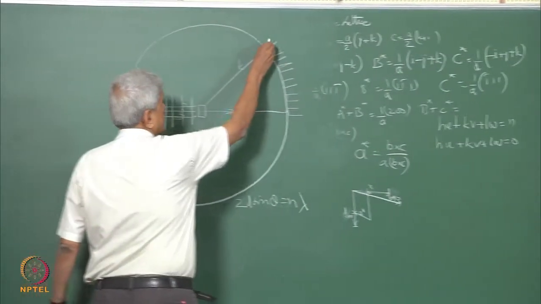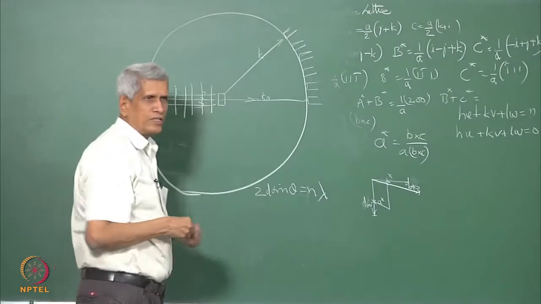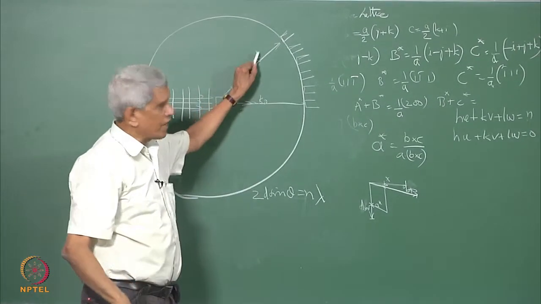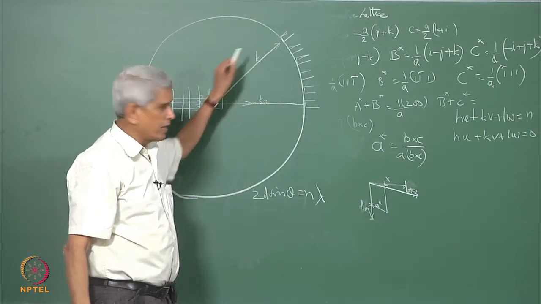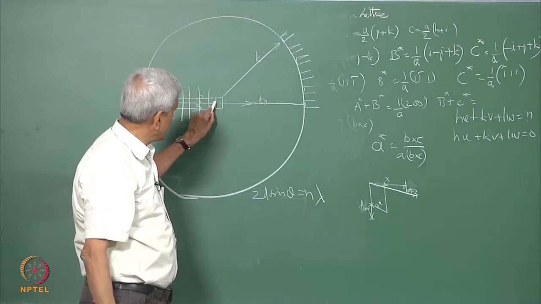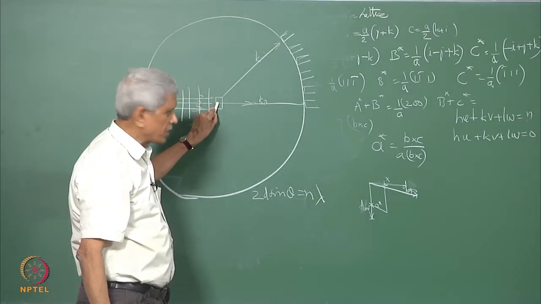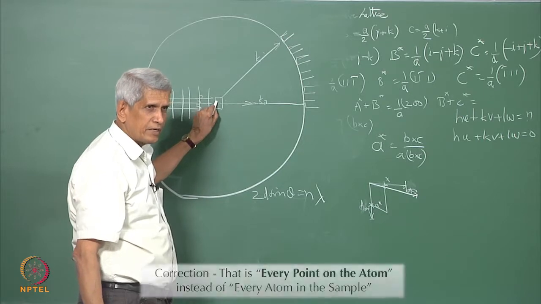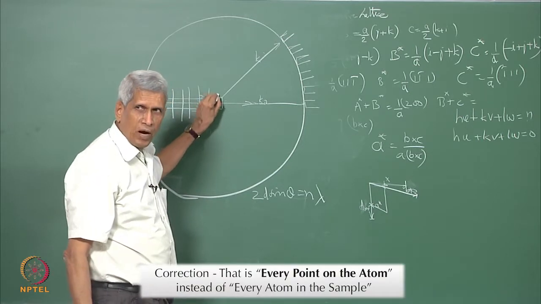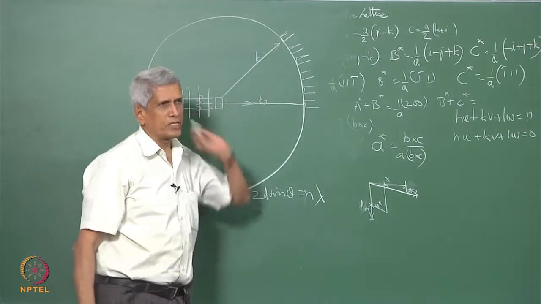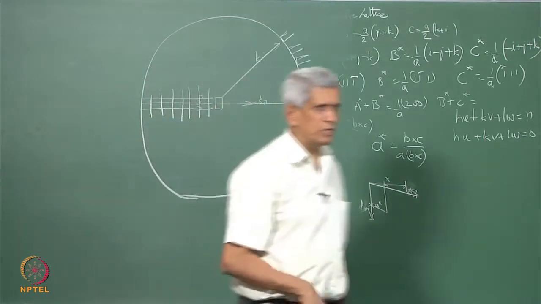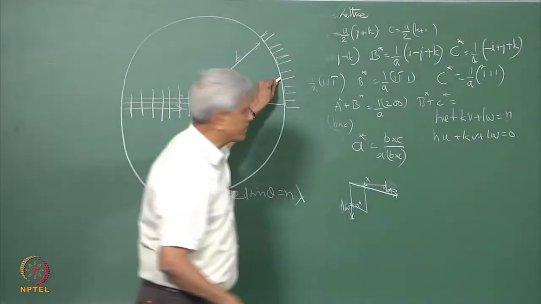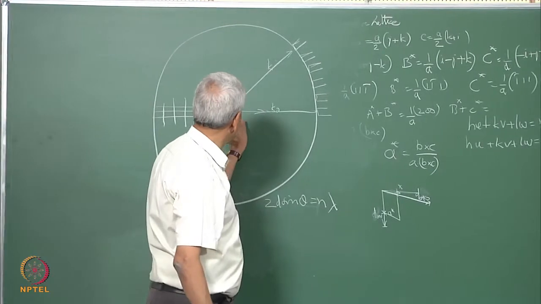Like if I put a detector here, what am I trying to do essentially? In this direction, all the electromagnetic waves which have been scattered from every point on the atom, I am trying to measure, correct? That is the intensity which is being measured.